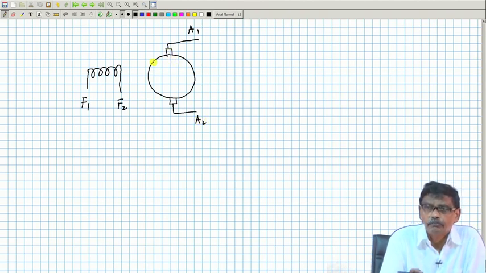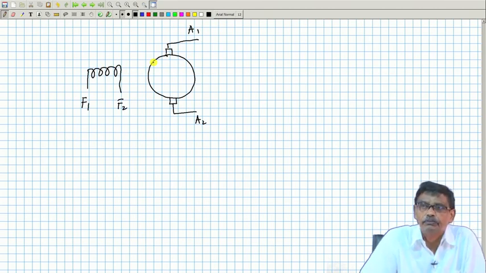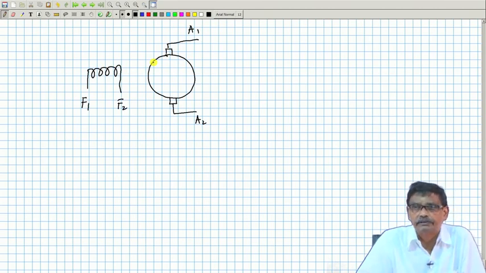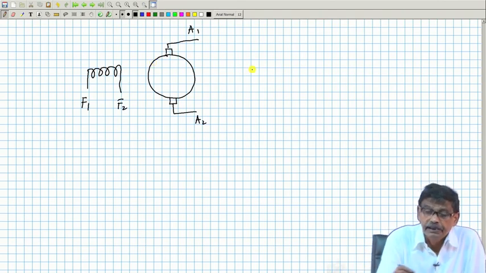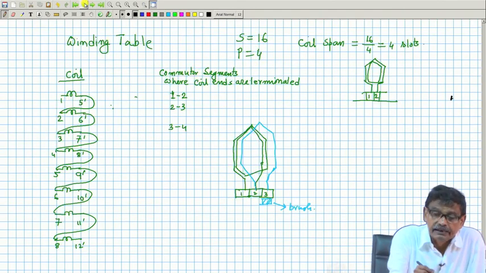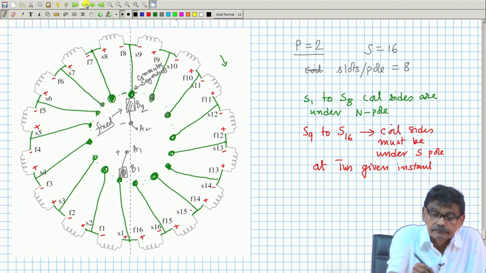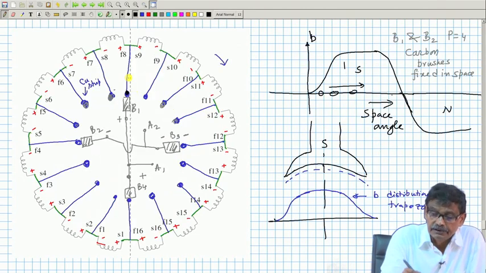If it is a 4 pole machine, B1, B4 you have shorted, got this, and B2, B3 you have shorted, you have got this. Now, if you look carefully at this diagram, the previous one is a 2 pole machine.